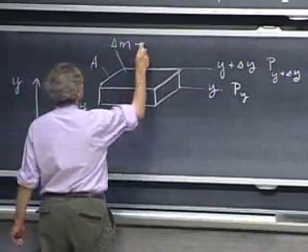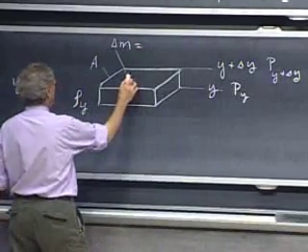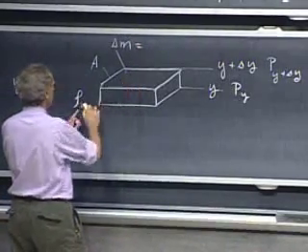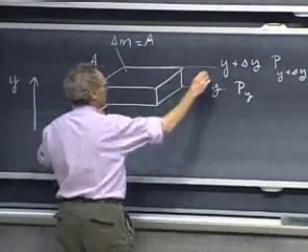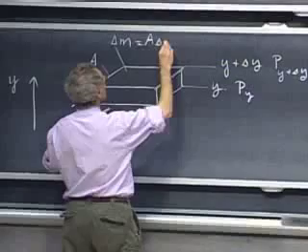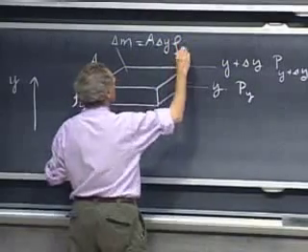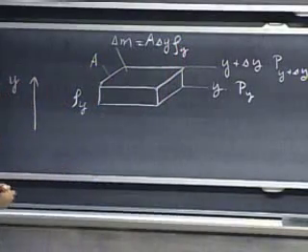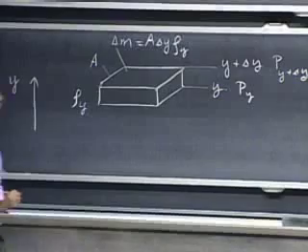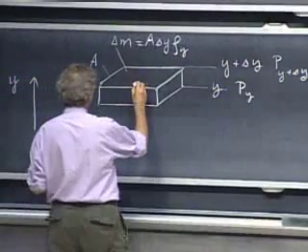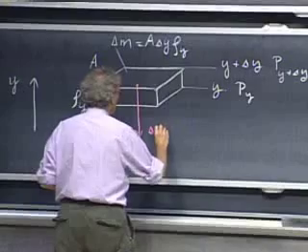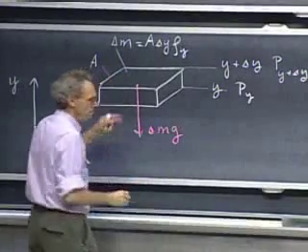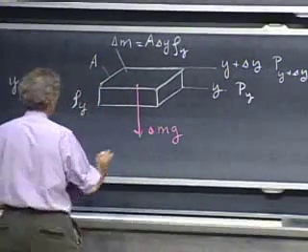And so the mass that I have here is the volume times the density. And the volume is the area A times delta y. And then times the density, which may be a function of y. So if now I put in all the forces at work here, there is gravity, which is delta m times g, in this direction.